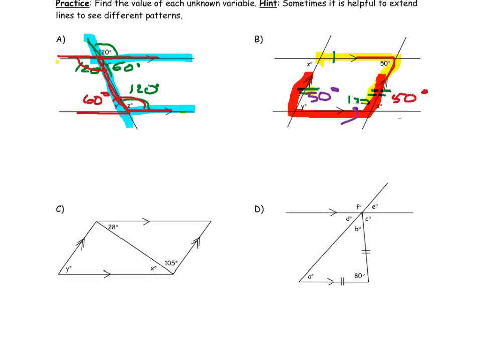Maybe, however, you saw the F pattern. If this angle here with X was 50, then angle Y is also equal to 50. Maybe your brain registers the Z pattern. So if Y is 50, Z is also going to be equal to 50.